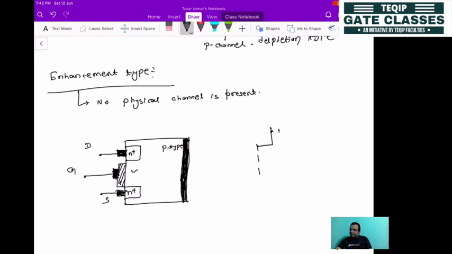This is the drain terminal, this will be the gate terminal, and here we will have the source terminal.